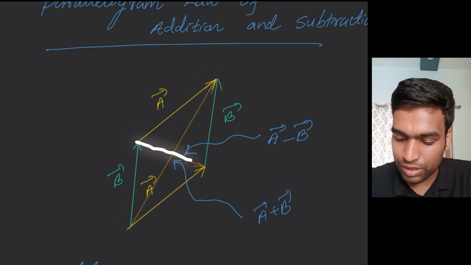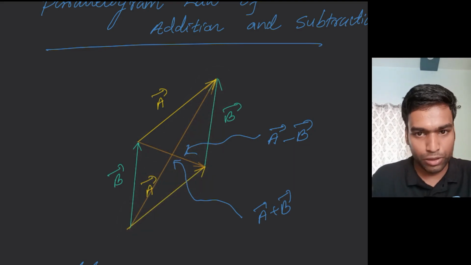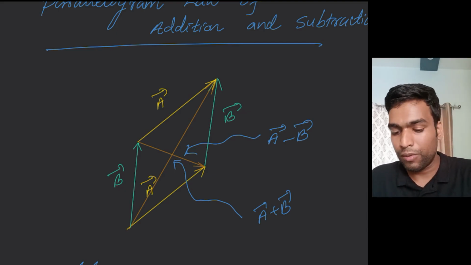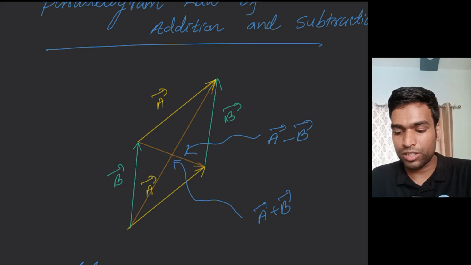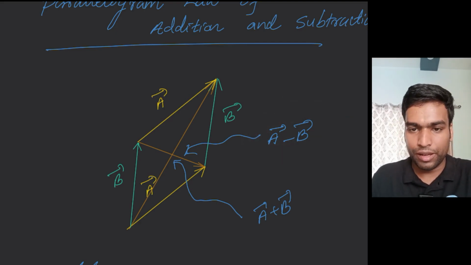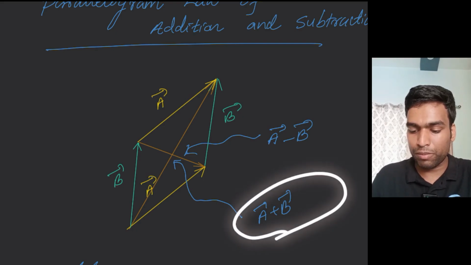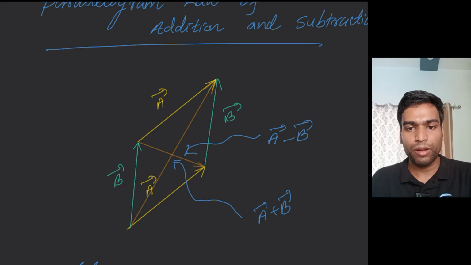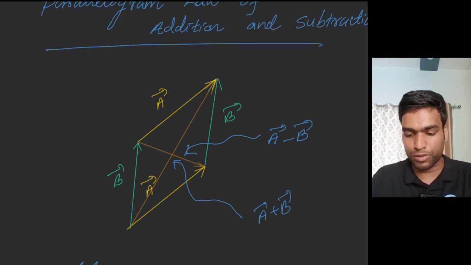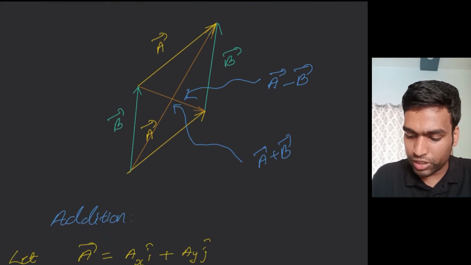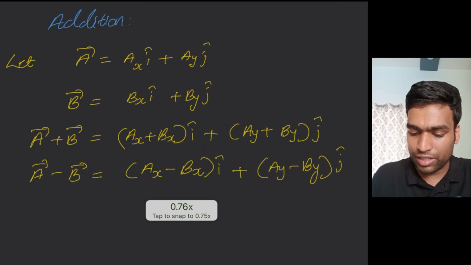And also we have seen a minus b, the tail to tail method. So this single picture will give you the idea of addition and subtraction. And don't think that a minus b will always be lesser compared to a plus b. Sometimes a minus b can be greater than a plus b, because this algebra of vectors depends upon the direction also, right? Now mathematically, how to do this addition and subtraction is rather easy actually.